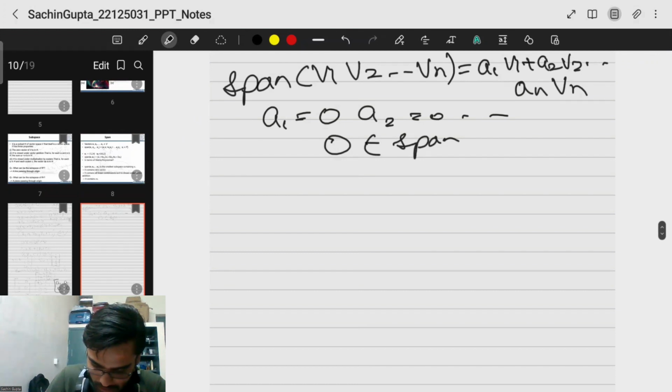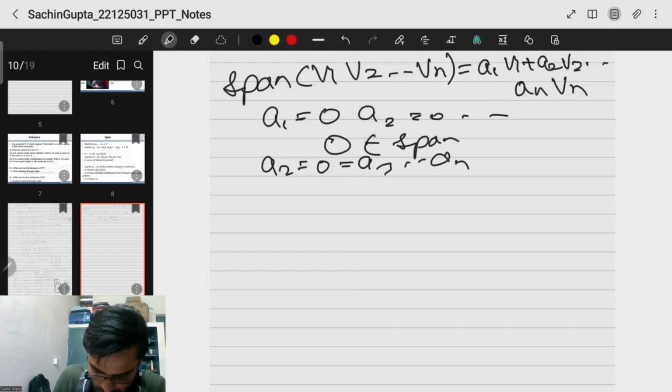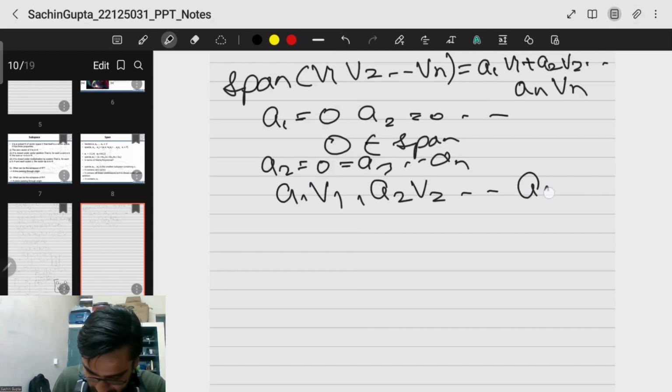So if for v1 we say that a2 equals 0 equals a3 up to an, then span of v1 up to vn contains a1 v1, it also contains a2 v2, and similarly it also contains an vn. So we can say that it contains all the scalar multiplications of all the vectors.